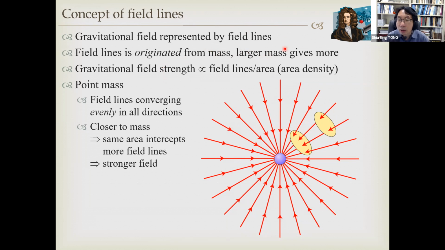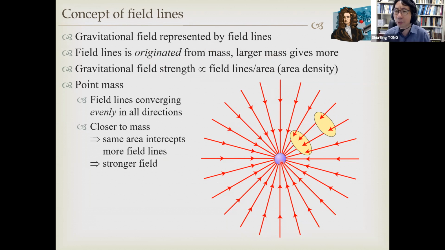And in drawing the picture, if you have a larger mass, then you have to draw more field lines. Suppose you have two masses, one larger and the other smaller. There will be more field lines converging to the larger mass than the smaller mass. So the greater the mass, the more field lines converge to it.